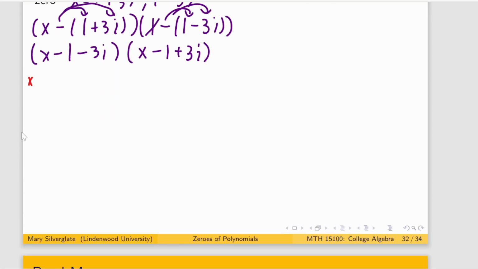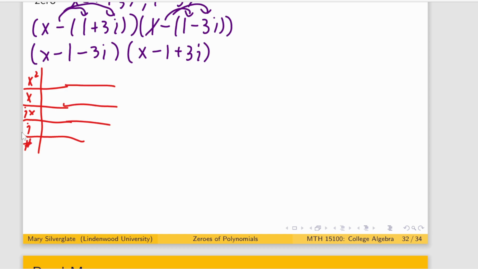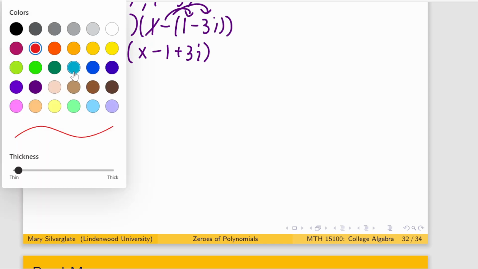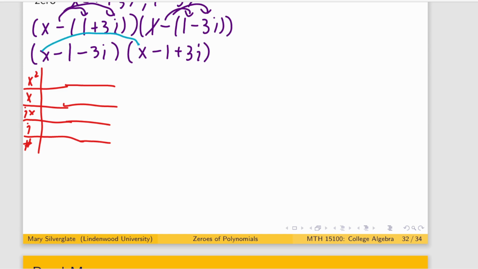So I've got to have x squareds, x, ix, i, and numbers. And let's keep track of what all those are as we're distributing. So I get x times x gets me an x squared.